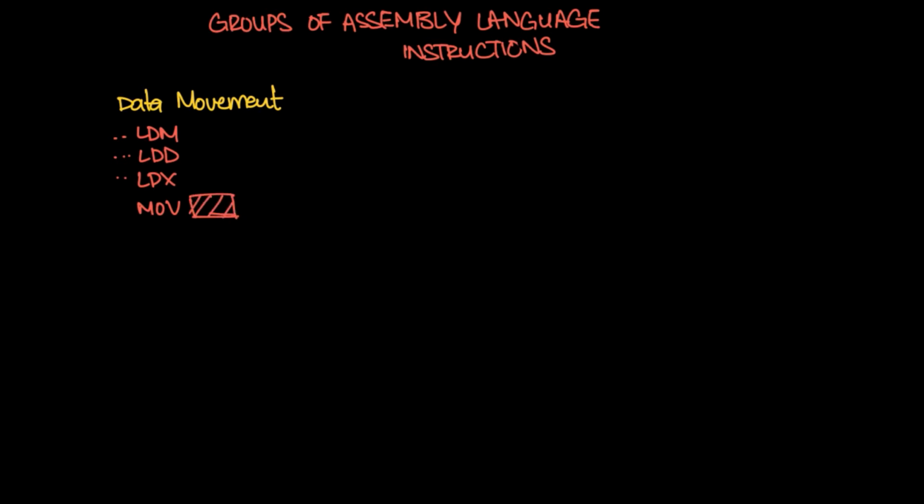There's also the instruction STO, Store, and what this does is it also takes an operand and it stores the current contents of the accumulator in the memory address that is specified in the operand.